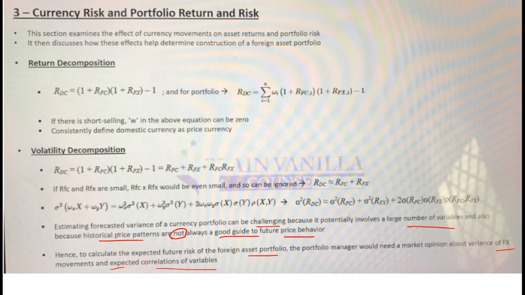Because you cannot rely on past correlation and past variances, you will need some opinion about the future expectations of variance and correlations. Due to these reasons, it is complex. Also, there will be a lot of variables that you need to manage, so it will be complex. But this is how you can do it, or you can come up with volatility decomposition.